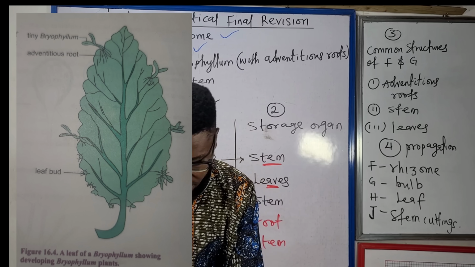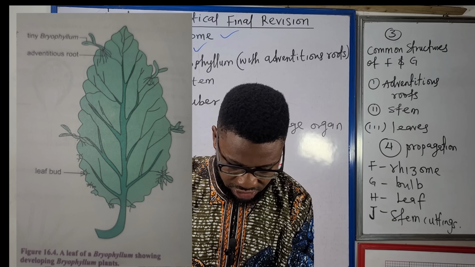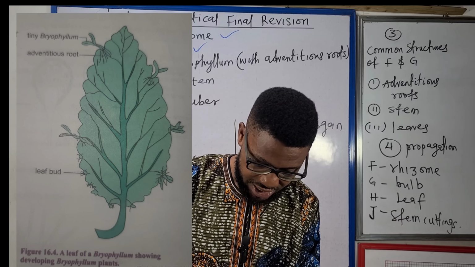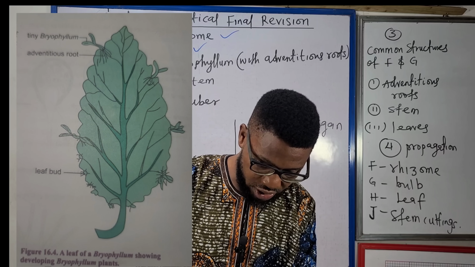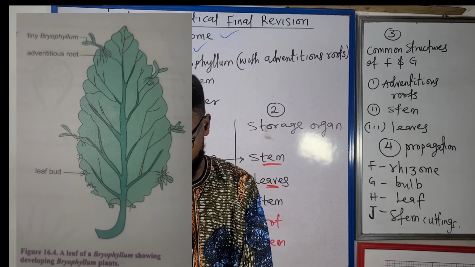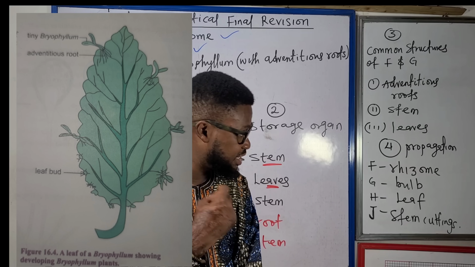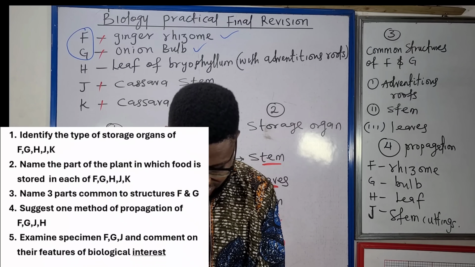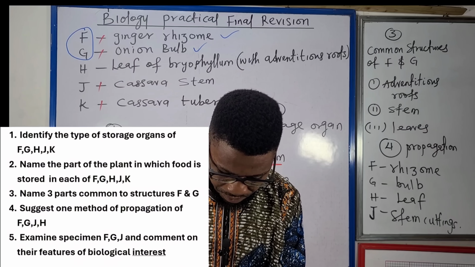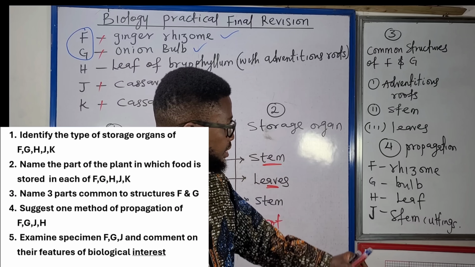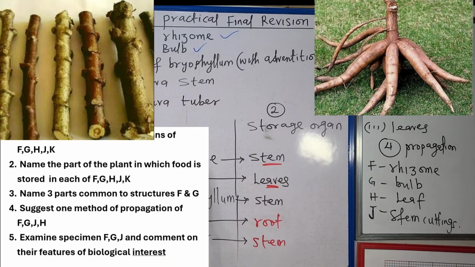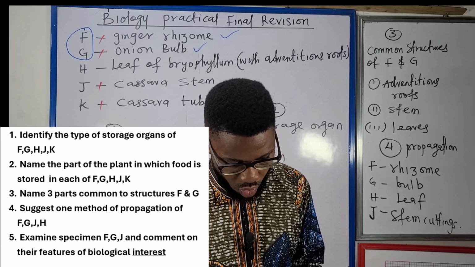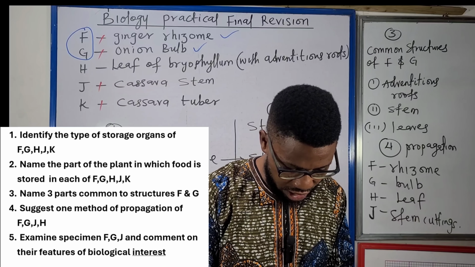You see on the bryophyllum, you're going to see tiny bryophyllum arising from the leaf itself, with adventitious roots all budding off from the leaf itself. That is why the method of propagation here, they said we should suggest one method, it is via the leaf. And then the last one, talking about cassava tuber, it is via stem cutting.